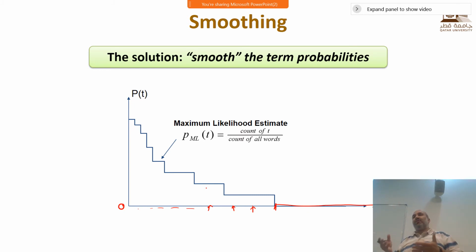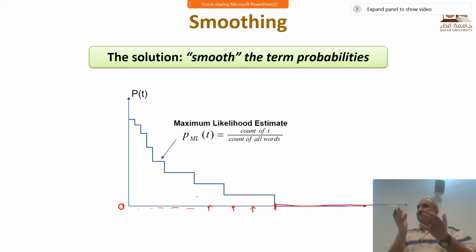So we cannot just give some probability mass here without taking it from the other side. So these probabilities have to change also. Actually, most of them will decrease because we will take part of the probability distribution and give it to the unseen words, so that the total still will be 1.